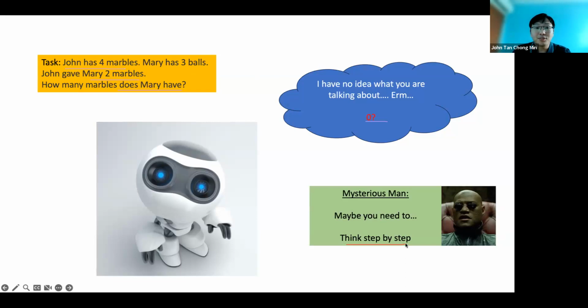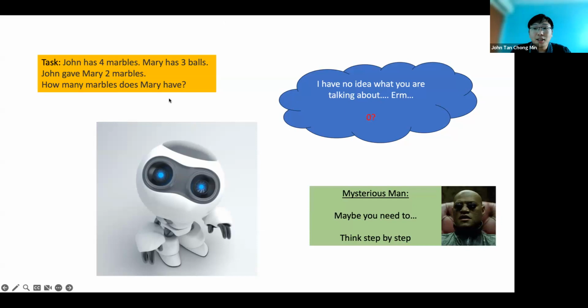For humans, if you ask me to plan how to create food for the world, that's a bit too ambitious. But if you break it down step by step, you might ask, how is food grown? How can we increase the output? How can we distribute? You can think through step by step, and it will probably lead to a better answer.